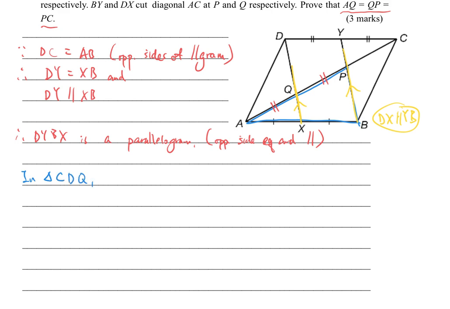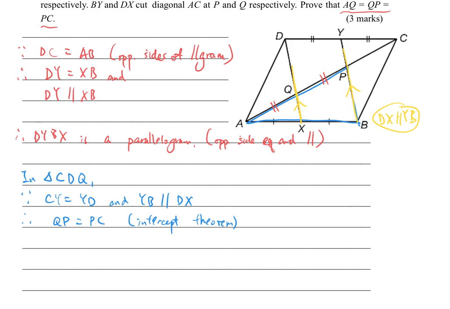Inside CDQ we know that CY equals YD, and also YB is parallel to DX. So we can say that QP is equal to PC by the intercept theorem.